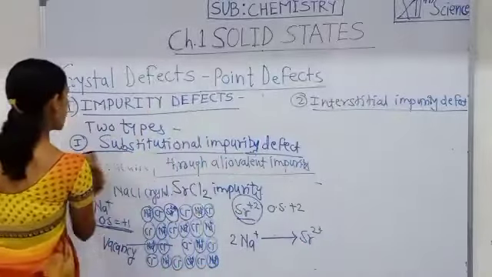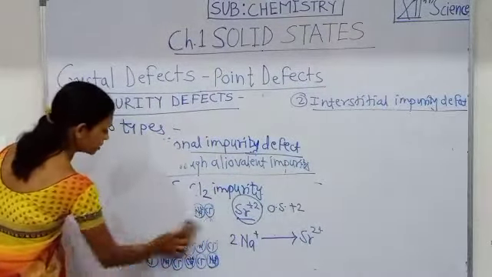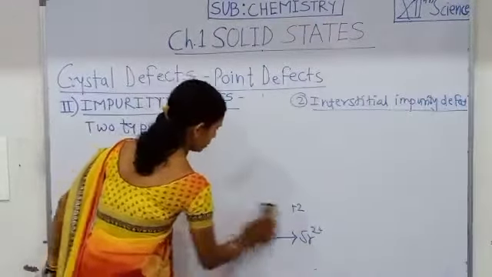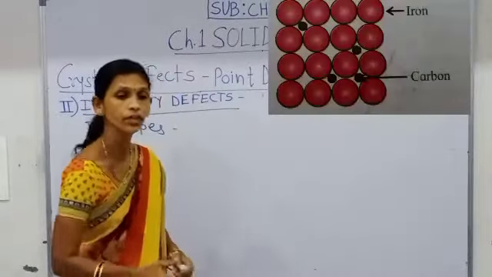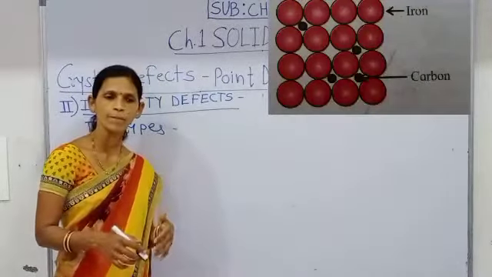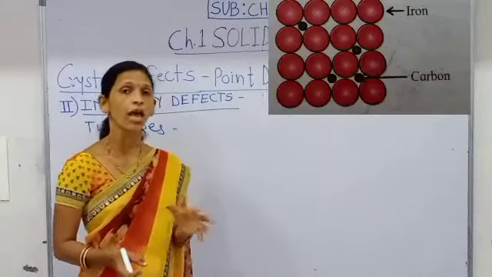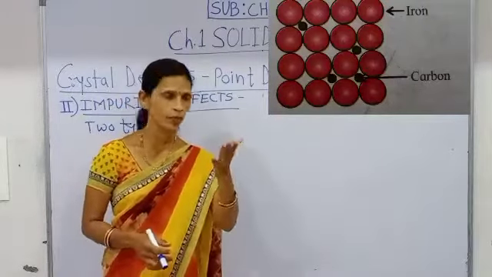Then one more type of impurity defect, that is the interstitial impurity defect. See here, the interstitial impurity defect itself indicates that in this type of defect, an atom occupies the interstitial space.